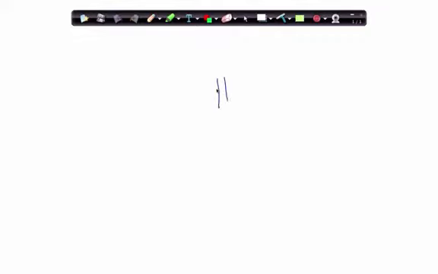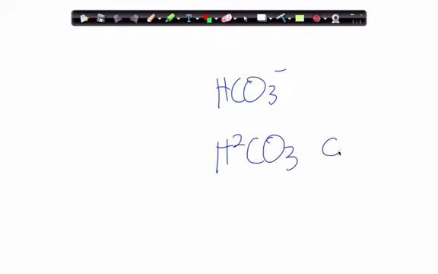bicarbonate pretty much picks up an extra hydrogen molecule, which makes it, this is carbonic acid. And this is bicarb.